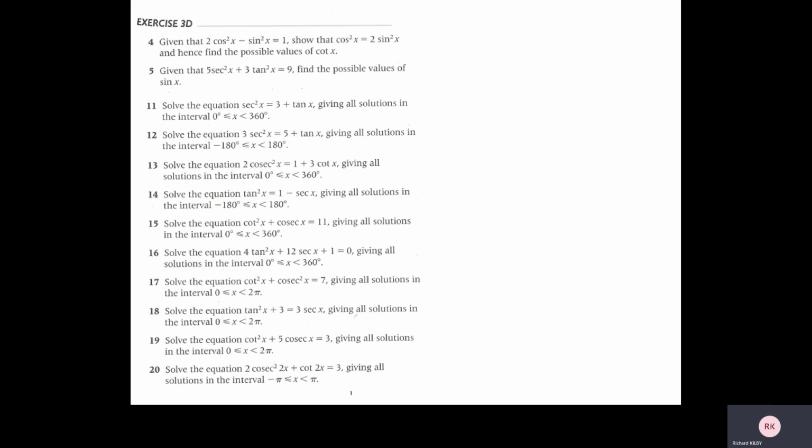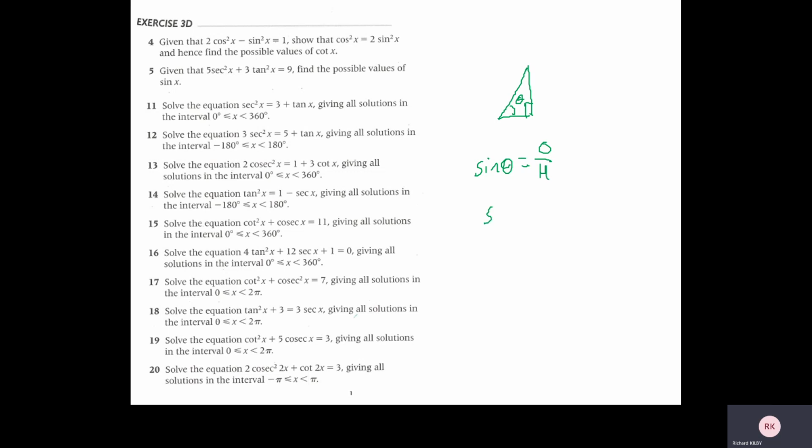So if I draw a little right angle triangle like that, I'm going to do a different triangle to what you get there. Say I know that sine theta is opposite over hypotenuse, isn't it?